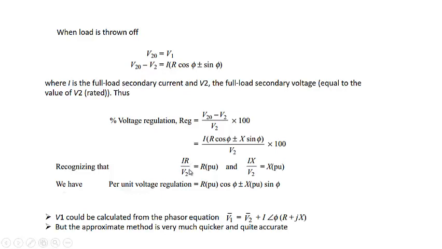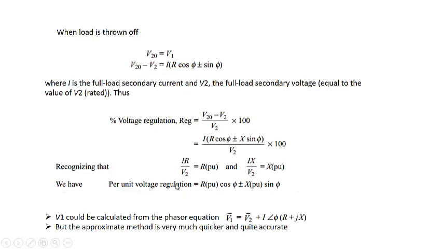When you divide R by this R base or Z base, it becomes R per unit. Similarly for X, the Z base, that is V2 by I, will be the base. X divided by Z base will be equal to X per unit. So the per unit voltage regulation will be equal to R per unit cos of phi plus or minus X per unit sine of phi.